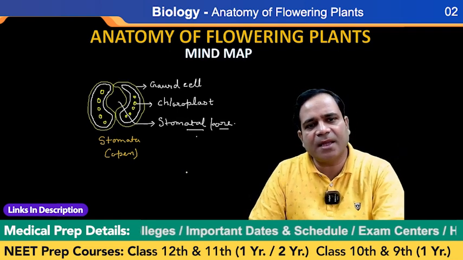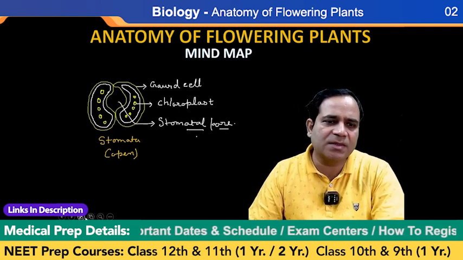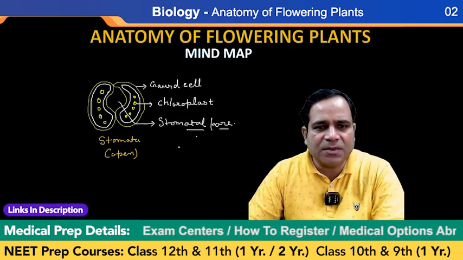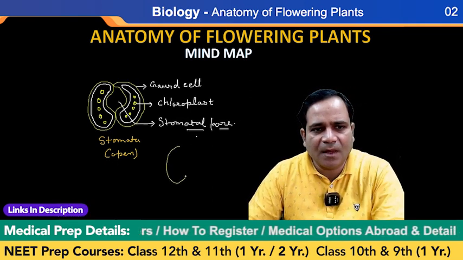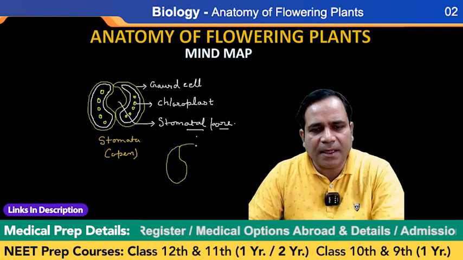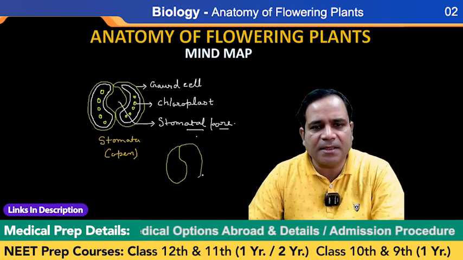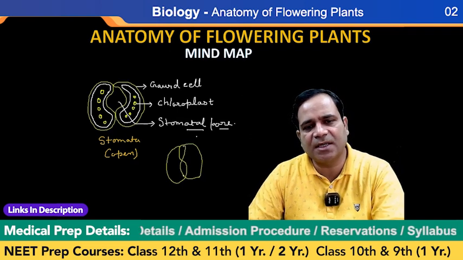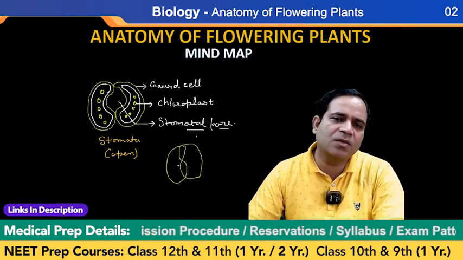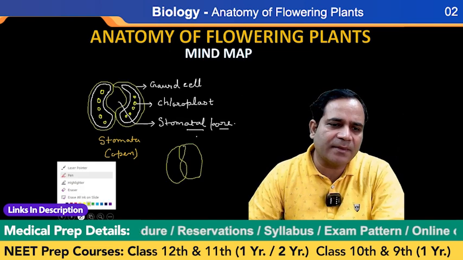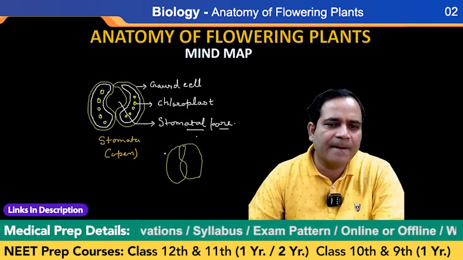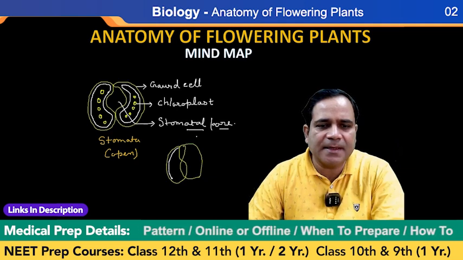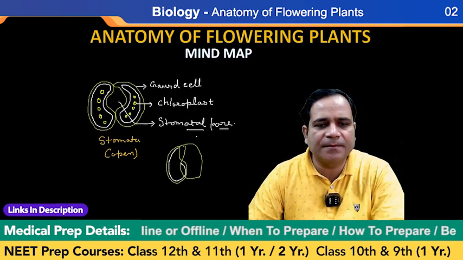So when I'm talking about the closed stomata, see, if I'm making the drawing of closed stomata, in this way the closed stomata has a dumbbell shape like structure. See, this one is the closed stomata, which also has a double layered membrane.